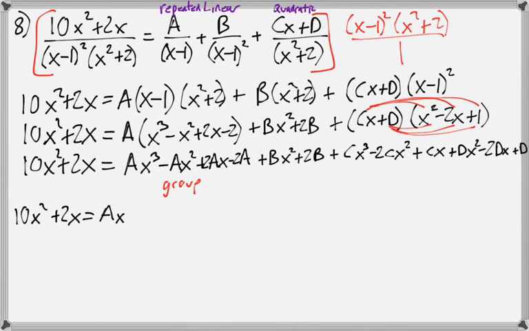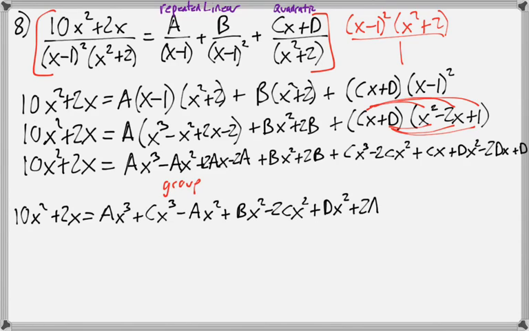So I have ax cubed plus cx cubed minus a x squared plus bx squared minus 2cx squared plus dx squared plus 2ax plus cx minus 2dx minus 2a plus 2b plus d.